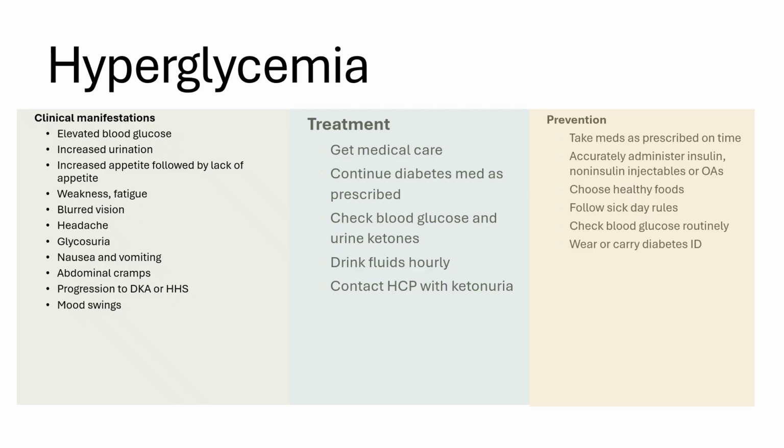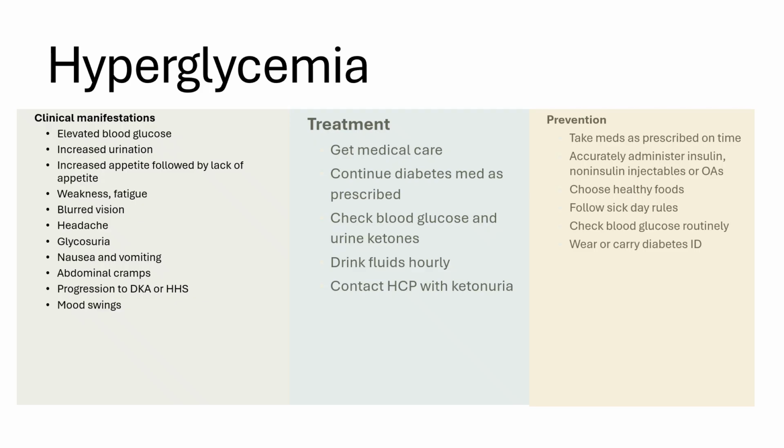The manifestations could be elevated blood glucose, increased urination, so that polyuria, the polydipsia, and the polyphagia. We can have increased appetite followed by lack of appetite, weakness or fatigue, blurred vision, headache, nausea and vomiting, abdominal cramps. It can progress to DKA or HHS, some mood swings.